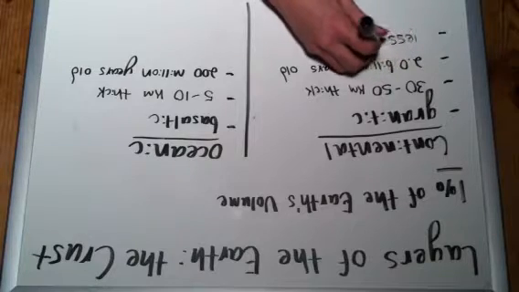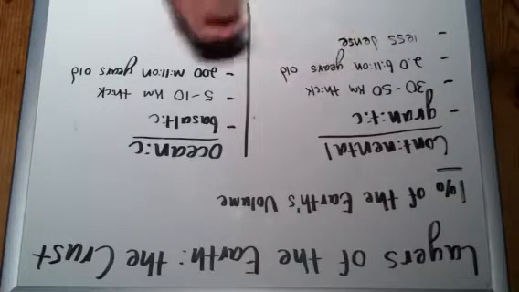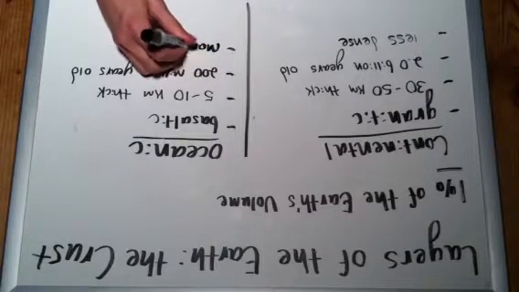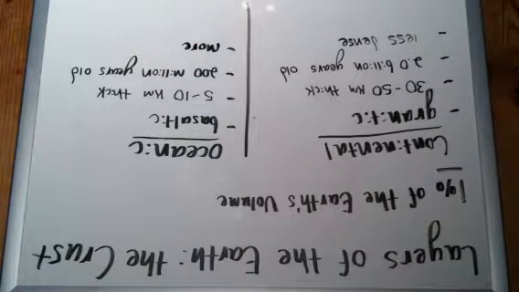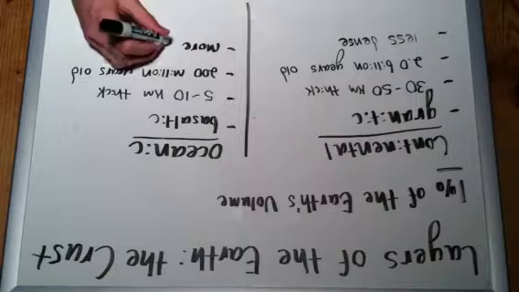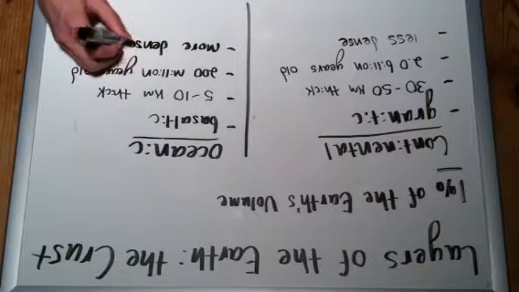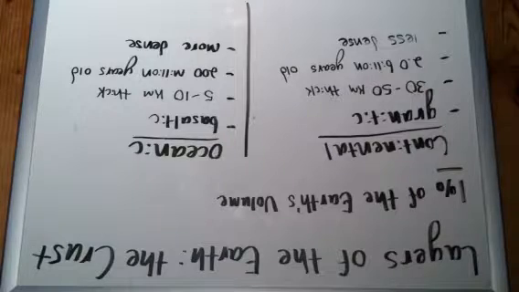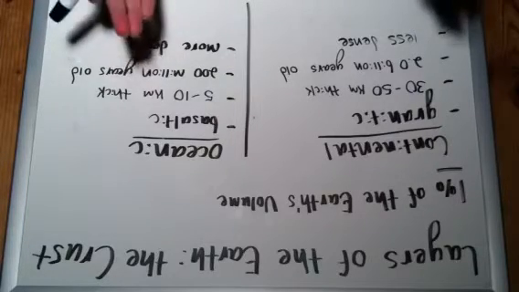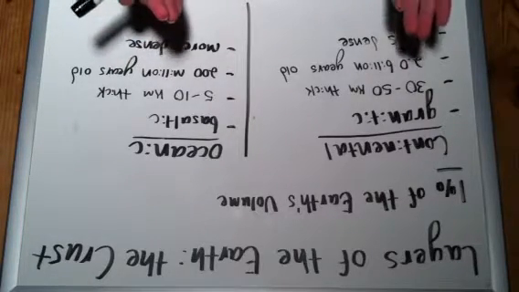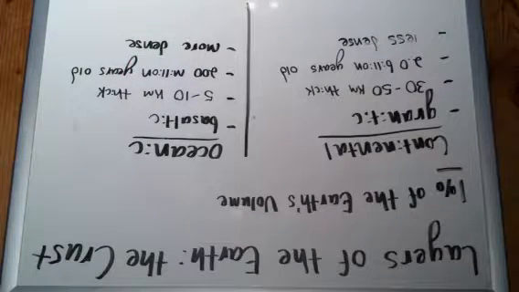So essentially that means if you were to take a chunk, let's say about a cubic meter of continental crust, a big old chunk, and put it on a scale, and then put the same amount of oceanic crust on that same scale, the oceanic crust would weigh more, because though it is the same volume, oceanic crust has more mass per unit volume, and therefore the same volume of oceanic crust will be heavier than continental crust.